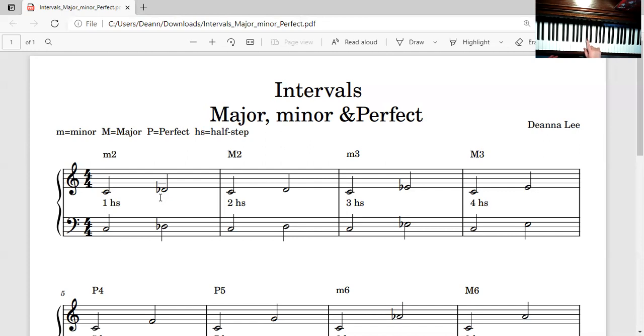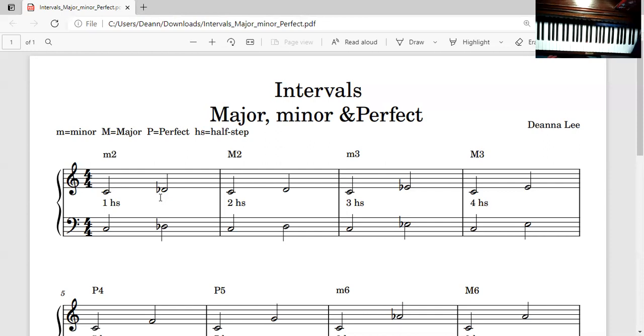The distance between C and D, C natural and D natural, is actually two half steps. So we call it a major second. So in other words, the distance between major intervals and minor intervals is different. The major interval is larger than the minor interval.